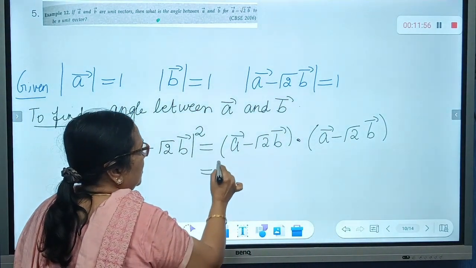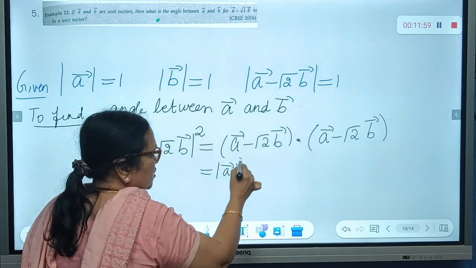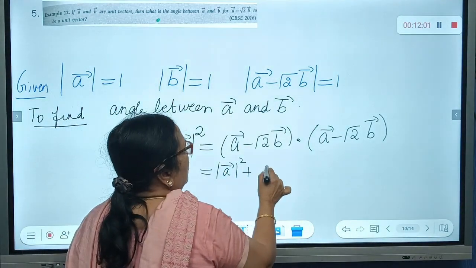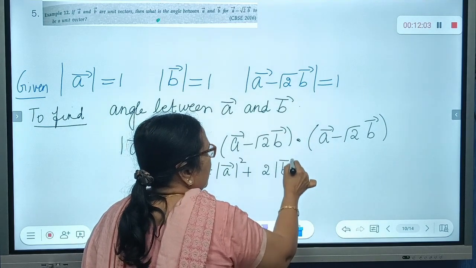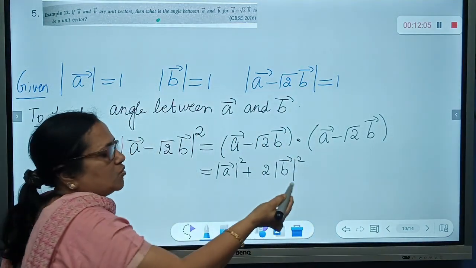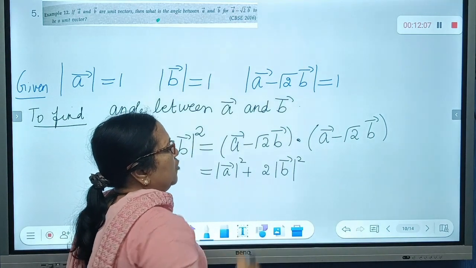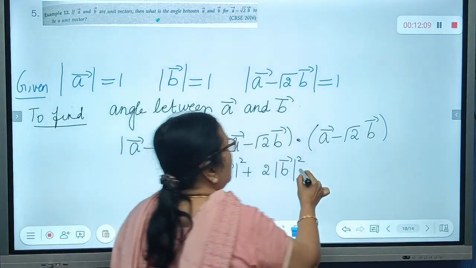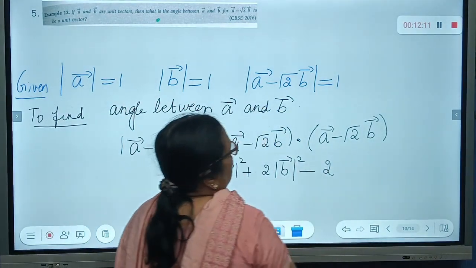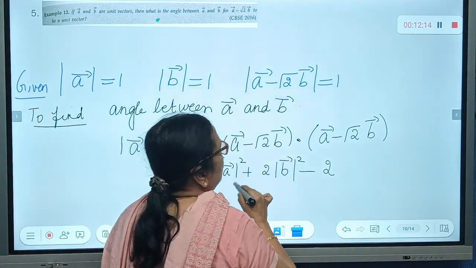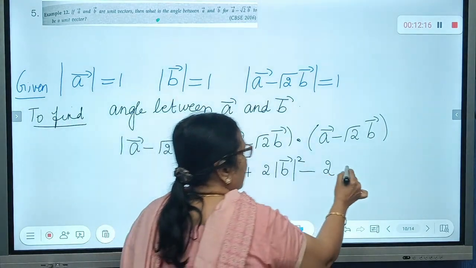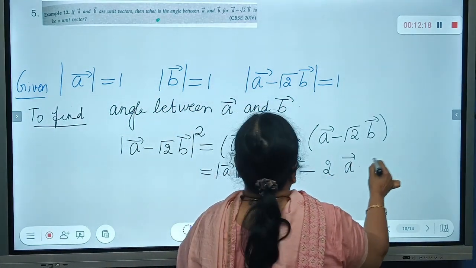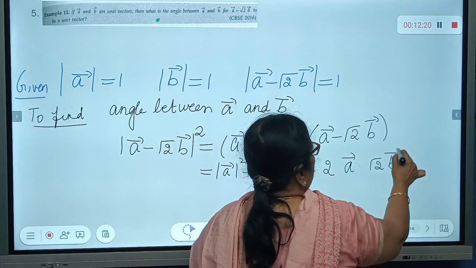This will be modulus of A vector the whole square plus 2 times modulus of B vector the whole square, because root 2 B the whole square will be 2 times modulus of B vector the whole square, minus 2 times, what will you get, A vector into root 2 times B vector.